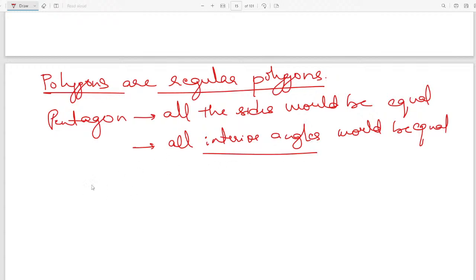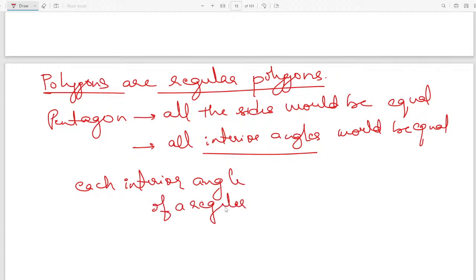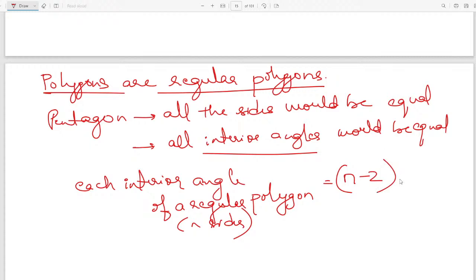In that case, because they are regular polygons and they're all equal, each interior angle of a regular polygon with n sides is given by (n minus 2) into 180 divided by n.